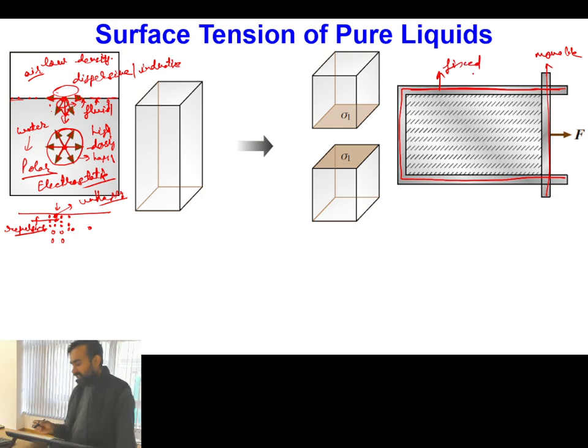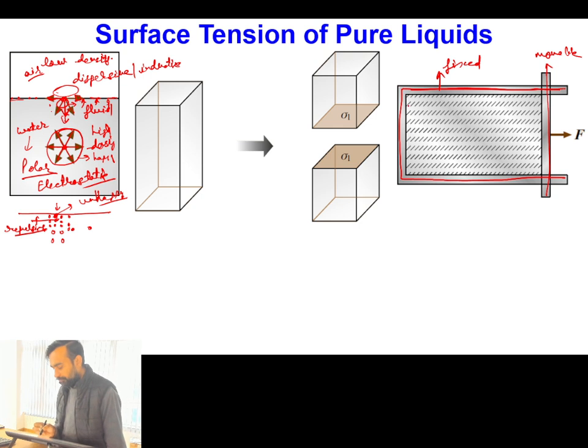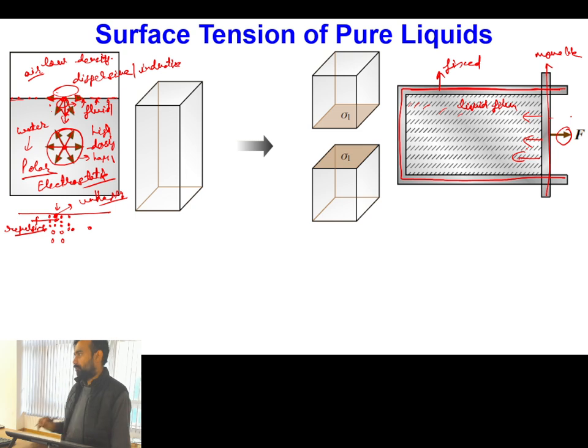Now if I generate a liquid film over here, so this is nothing but a liquid film, and this liquid film is formed in between these 3 bars and this movable bar. Okay, now what will happen if I simply do not pull this bar? Ultimately what will be happening? This bar will try to move in this direction and film will try to collapse.